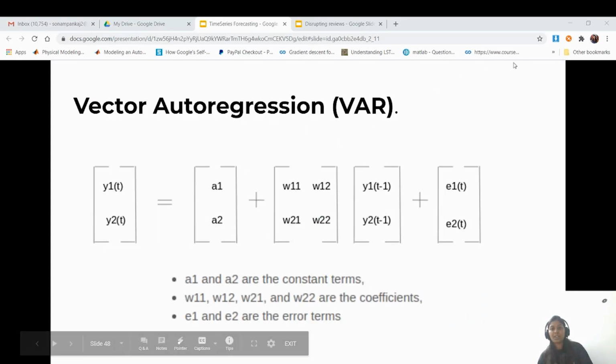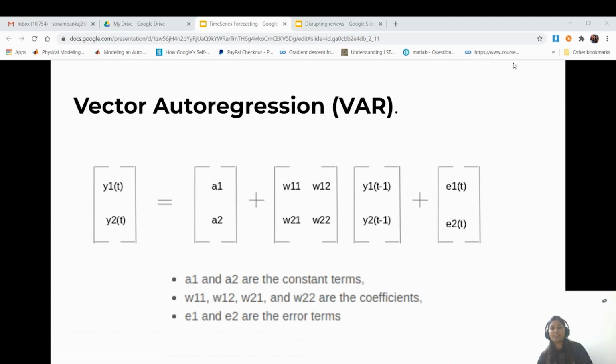Okay. So in multivariate autoregression, in the VAR model, each variable is a linear function of its past values of itself and the past values of all the other variables. To explain this in a better manner, I'm going to use this example. So suppose there are two time-dependent variables.